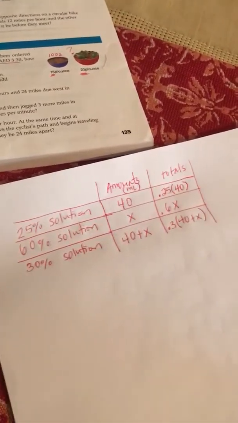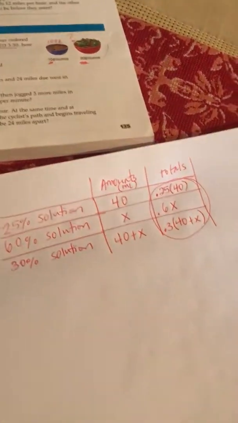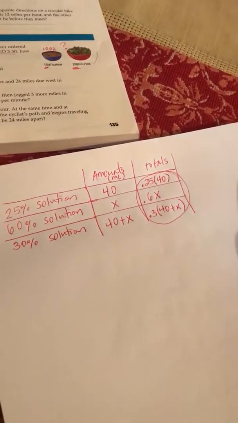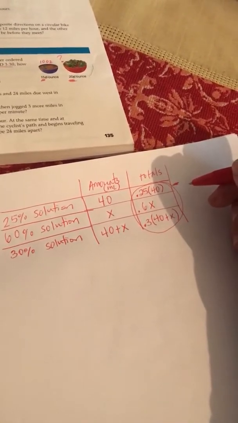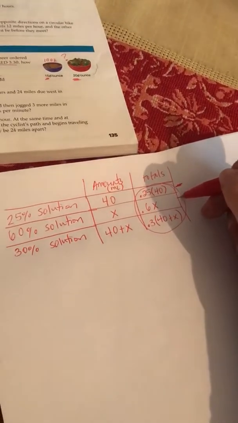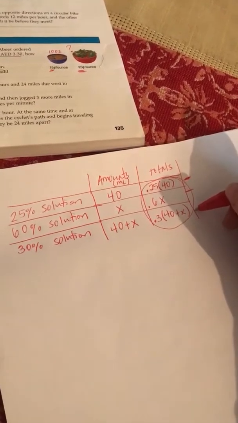Okay, so I've finished my table now, and my equation is going to come from my totals column over here on the right. So I know that the amounts for the 25% solution and the amounts for the 60% solution are going to be added together to get my final amounts.